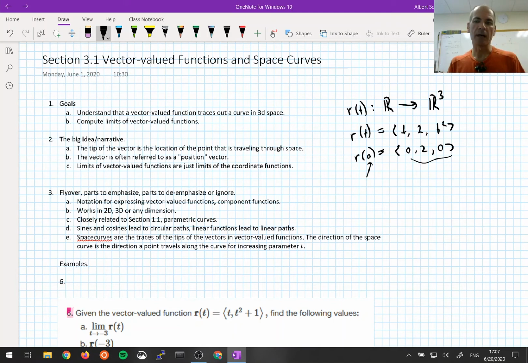We also think about two-dimensional vectors, and we think about 20-dimensional vectors. So the big goal of this particular section is just to understand vector-valued functions in the context of a single input and 3 outputs. This is most useful when you're imagining something traveling through space, for example, a bird flying through the sky.